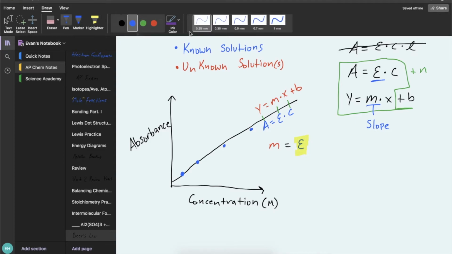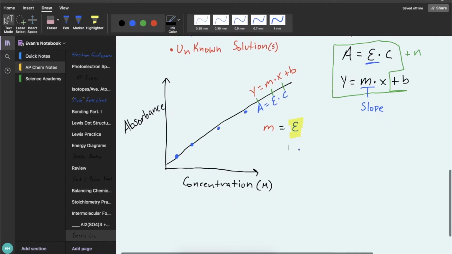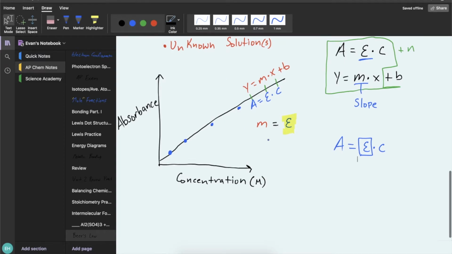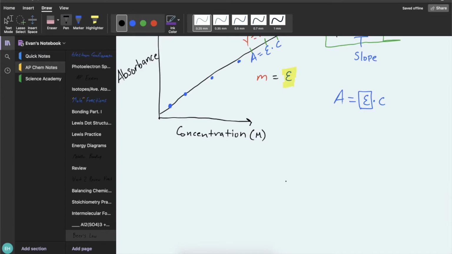But once you find that value, that means that you can fill out the equation A equals molar absorptivity times C. So if you have this value here for your molar absorptivity, you can basically find the absorbance from any concentration or the concentration from any absorbance, which means if I gave you just some random solution with some stuff in it, and I said, hey, you don't know what the concentration is of this, but I would like you to figure it out.